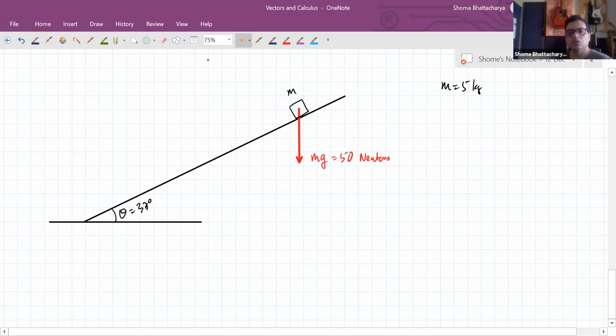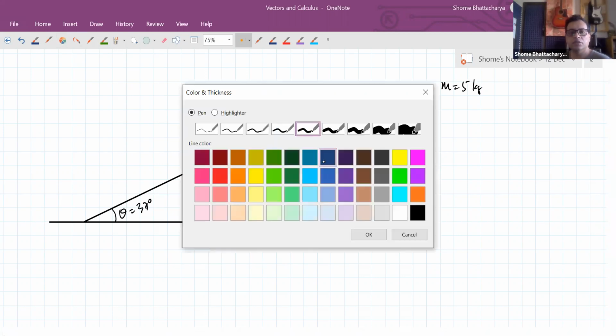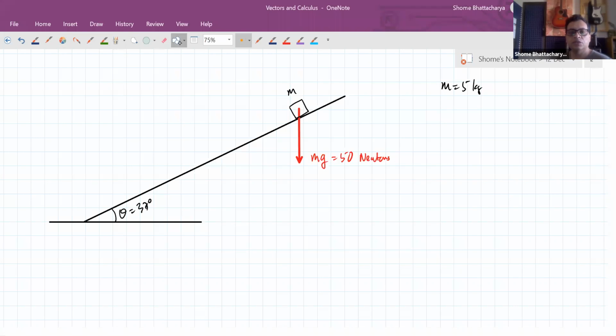Okay. Now, one of the other forces acting on it is what we call the normal reaction force or the contact force, which will act in the direction perpendicular to the inclined plane. This is the force that the inclined surface applies on the body.